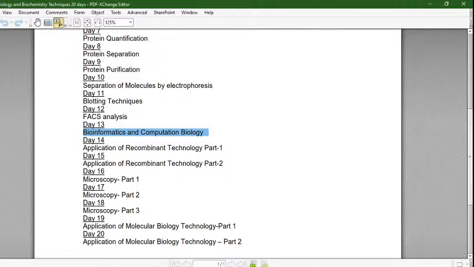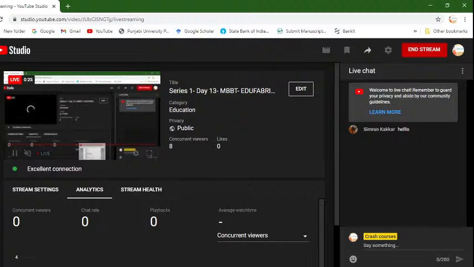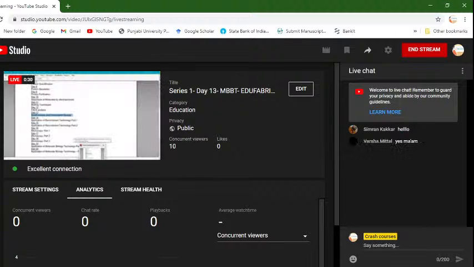So today we have to start our flow cytometry analysis, as well as I will try to start bioinformatics also. Have you heard of flow cytometry before? Do any of you have any knowledge regarding flow cytometry?